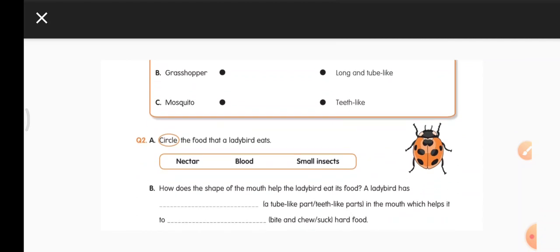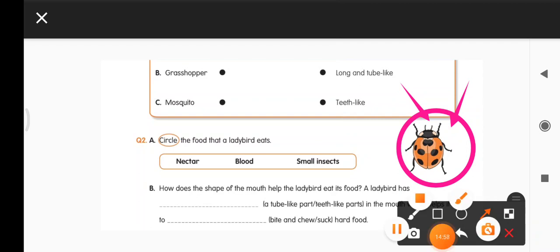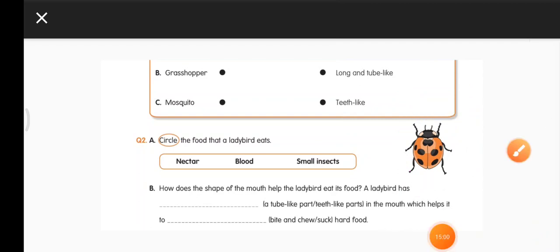Then circle the food that a ladybird eats. Nana, this insect which you see here is the ladybird. You see what kind of mouth it has. It has teeth kind of structures here, right?